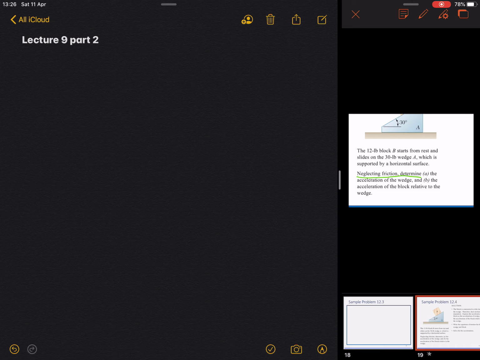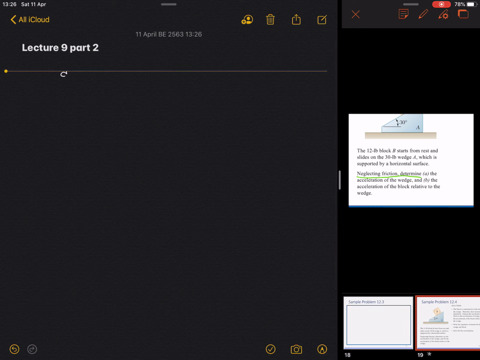Okay, means we have acceleration A as 5.07 feet per sec squared, and we have acceleration BA equal to 20.5 feet per sec squared. And then what does it mean here?